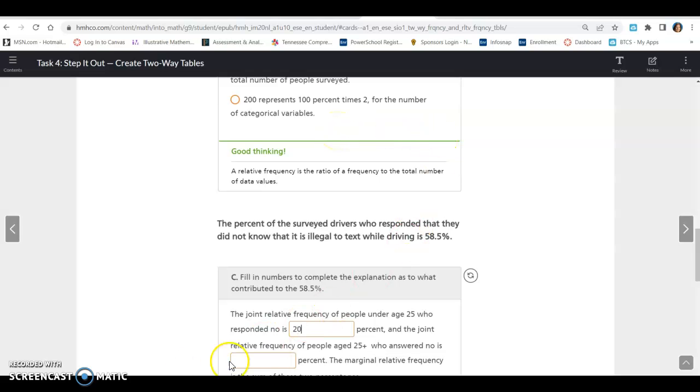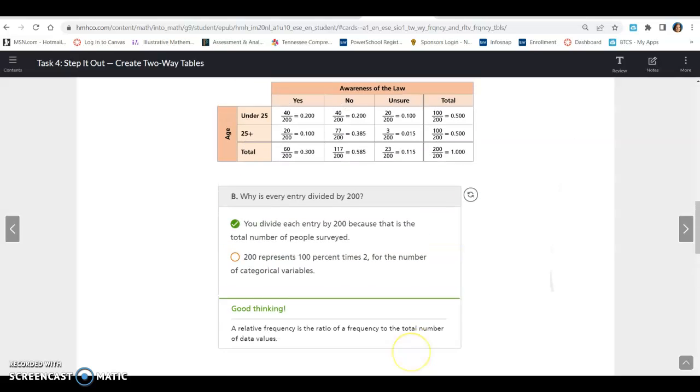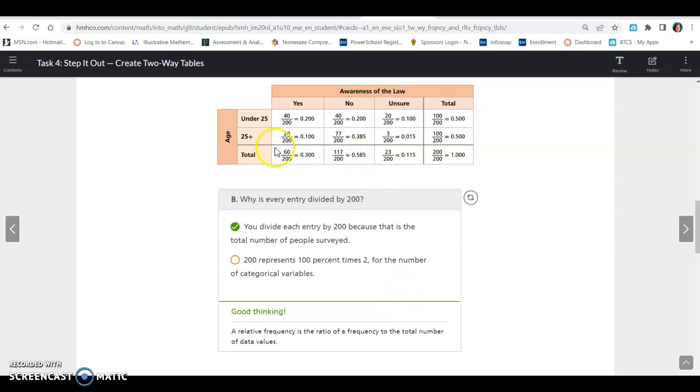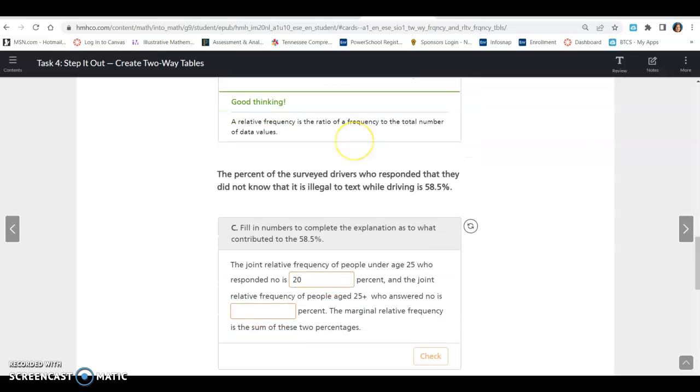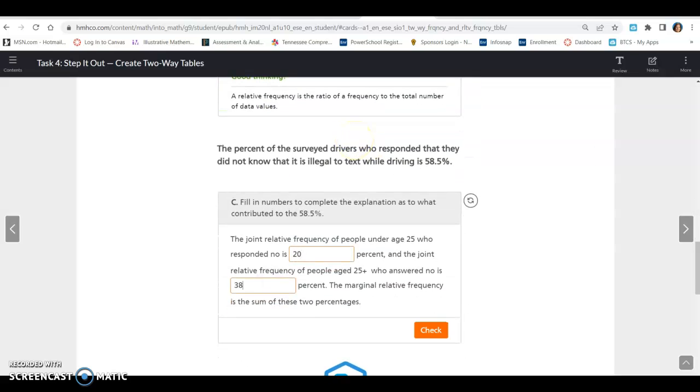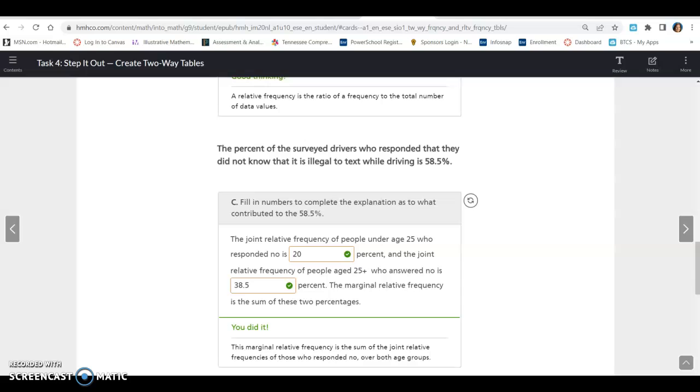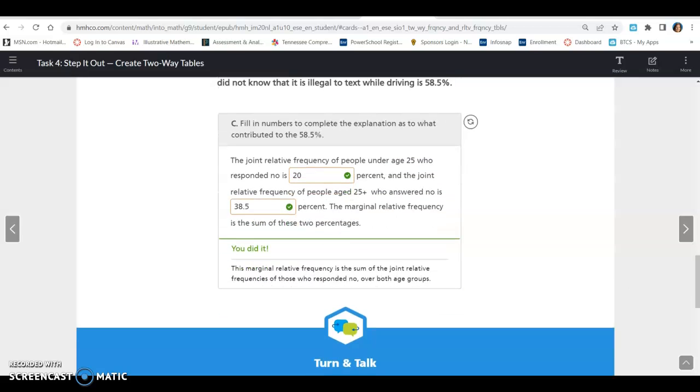And the joint relative frequency of people age 25 plus who answered no would be 38.5%. And 20 plus 38.5% equals 58.5. So those two percentages added together is what contributes to that total number. All right, that's all for task 4. If you have any questions, let me know.